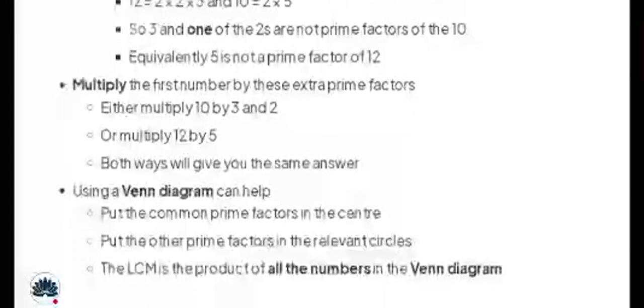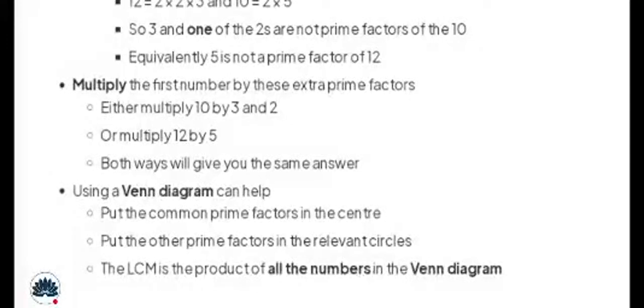So 3 and one of the twos are not prime factors of 10. Equivalently, 5 is not a prime factor of 12. Multiply the first number by these extra prime factors. Either multiply 10 by 3 and 2, or multiply 12 by 5. Both ways will give you the same answer.